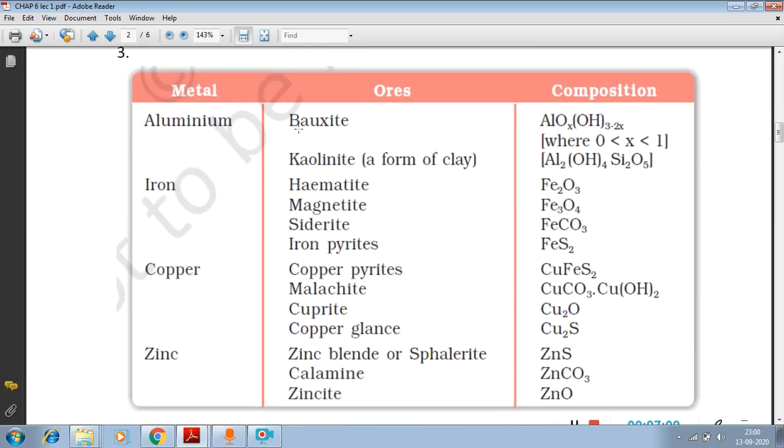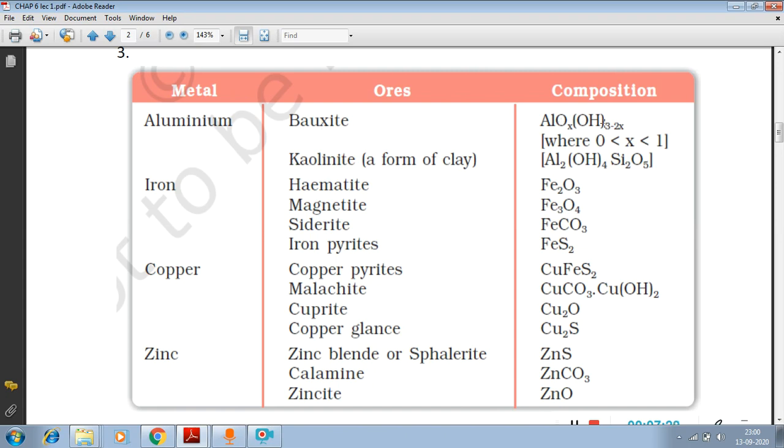Now here a table is there. Here you can see aluminium, and these are the ores for aluminium metal: bauxite and kaolinite.